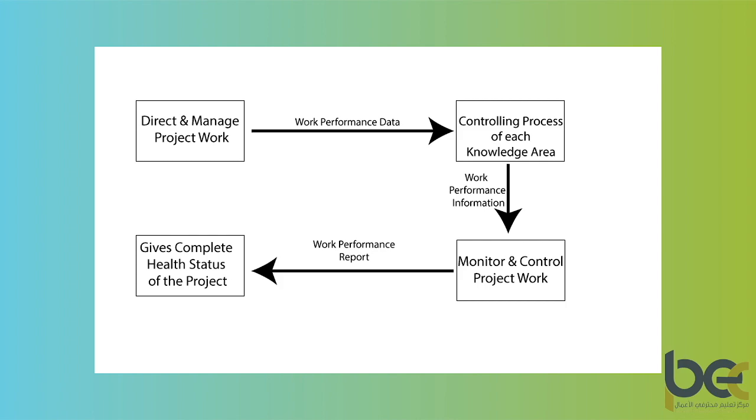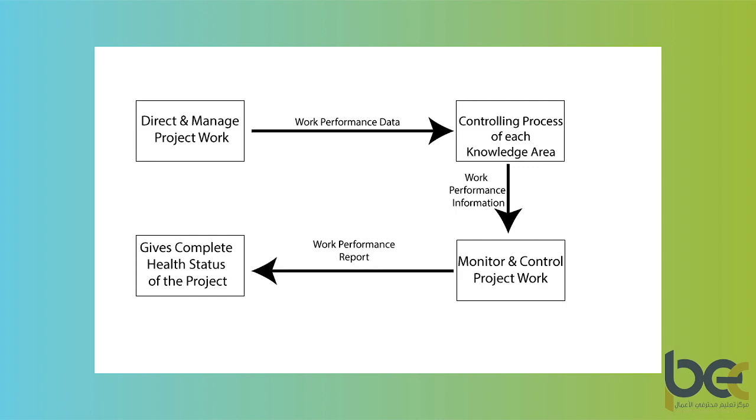If you understand this entire process, we will go term by term. When you collect the data at the time of doing work, that is called work performance data. This work performance data is then considered as an input to a lot of controlling processes. And when you analyze this, that analysis process generates work performance information.